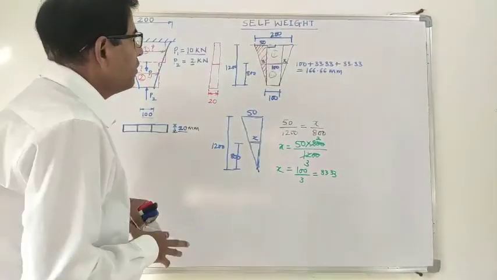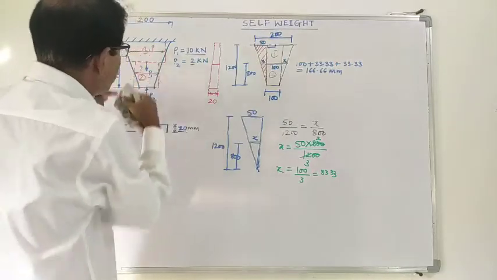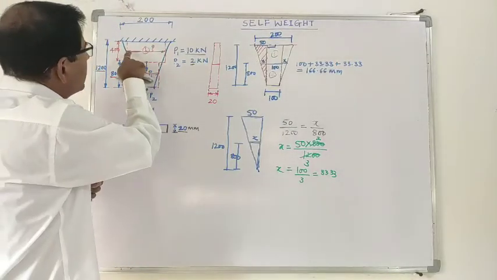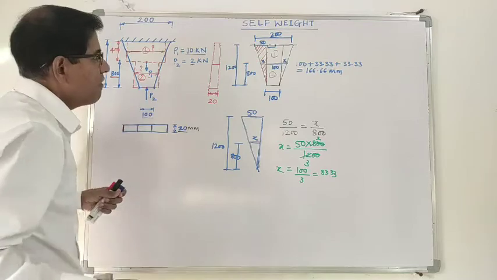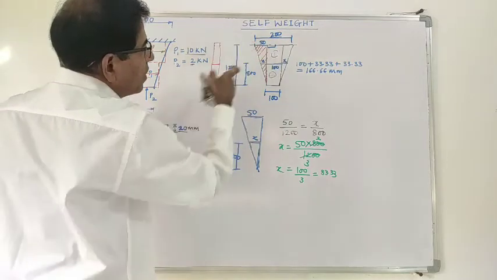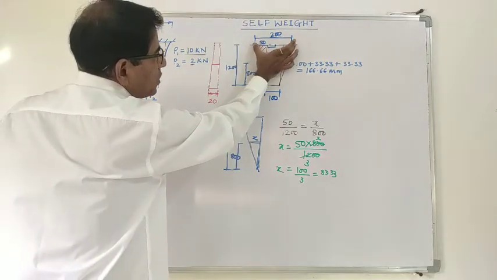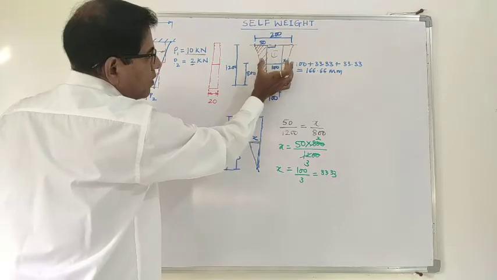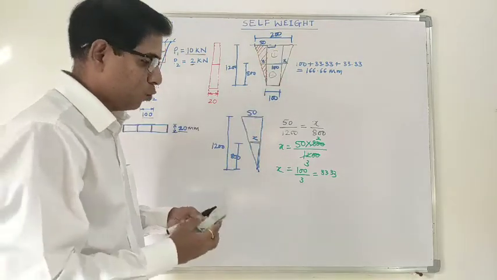Now we convert this wedge-shaped plate into a step shaft, where this dimension will be an average of the upper dimension of section 1 and the bottom dimension of section 2.